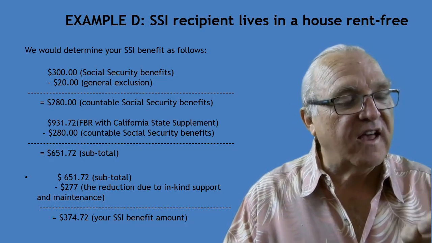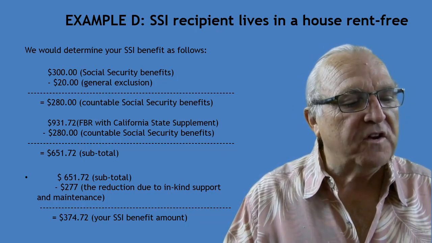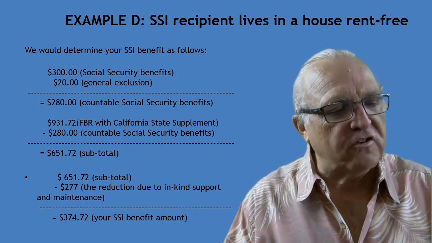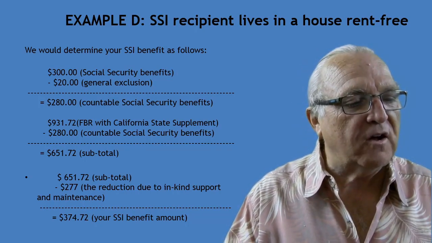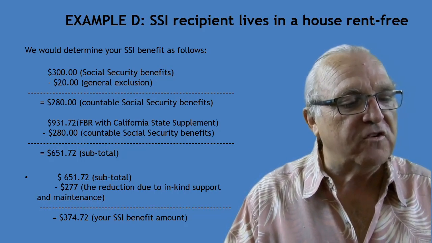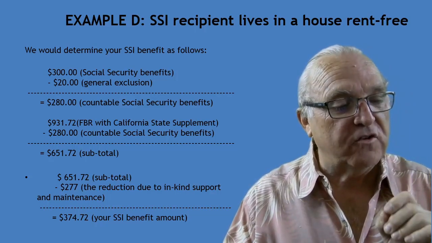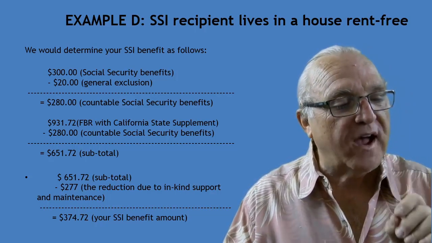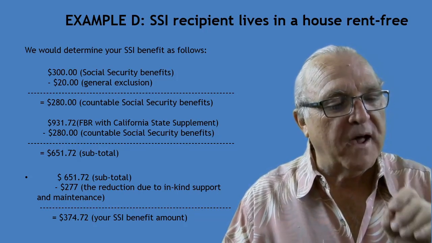In this case, in California, the maximum SSI is $931.72 for a single person. So we subtract the $280, meaning that the amount of SSI the person would be receiving is $631.72. We take the $651.72, and from that we subtract the $277 presumed maximum value.